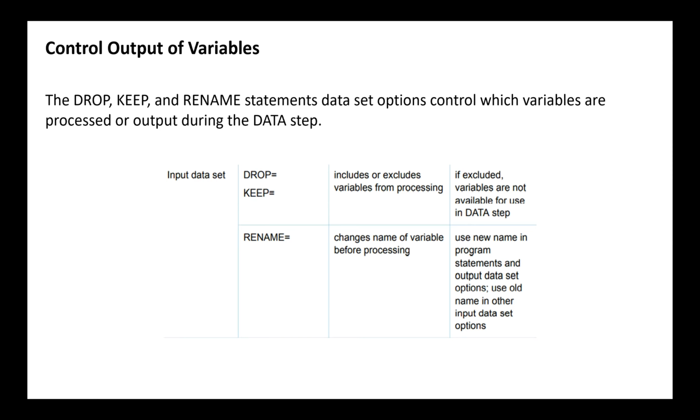As the name says, with the rename statement we want to change the name of the variables. And as for drop or keep, they include or exclude variables from processing. Let us head over to SAS Studio to understand these statements better.